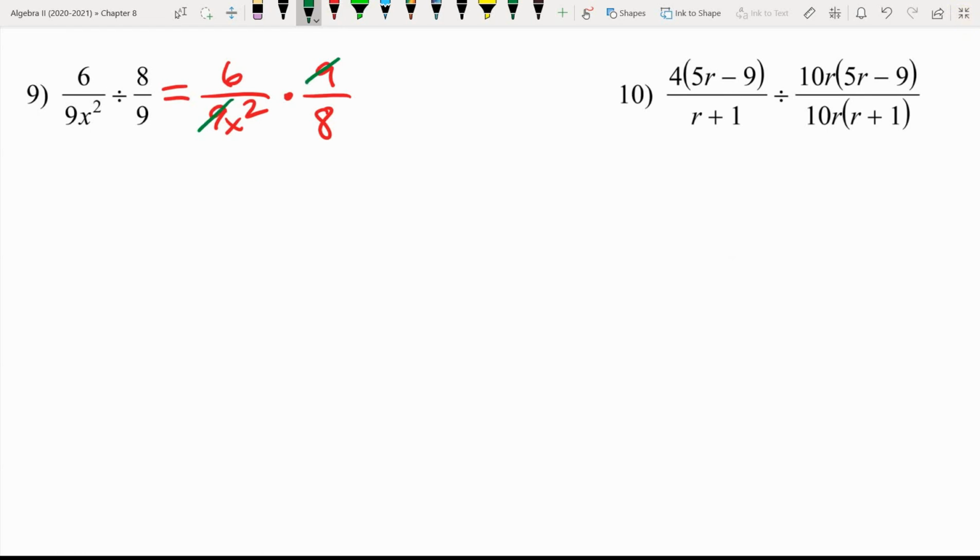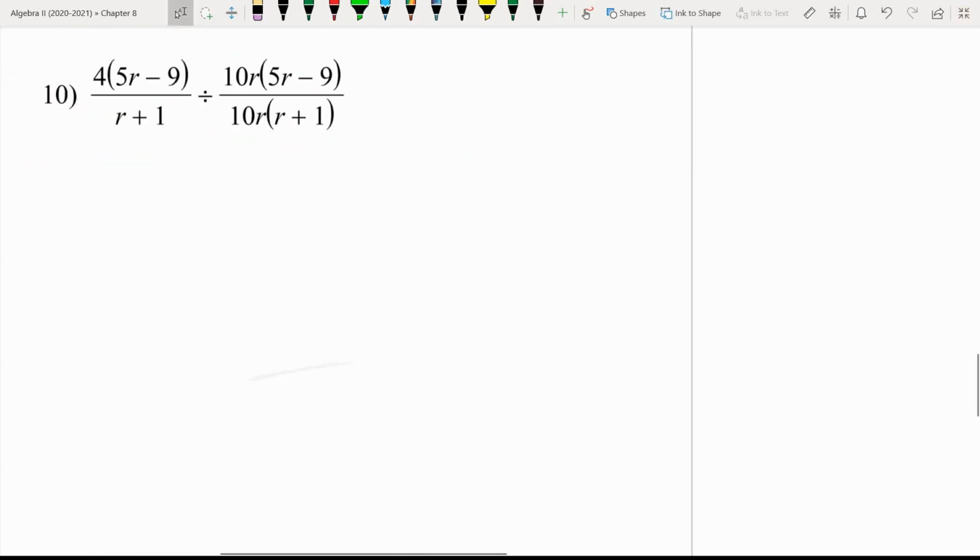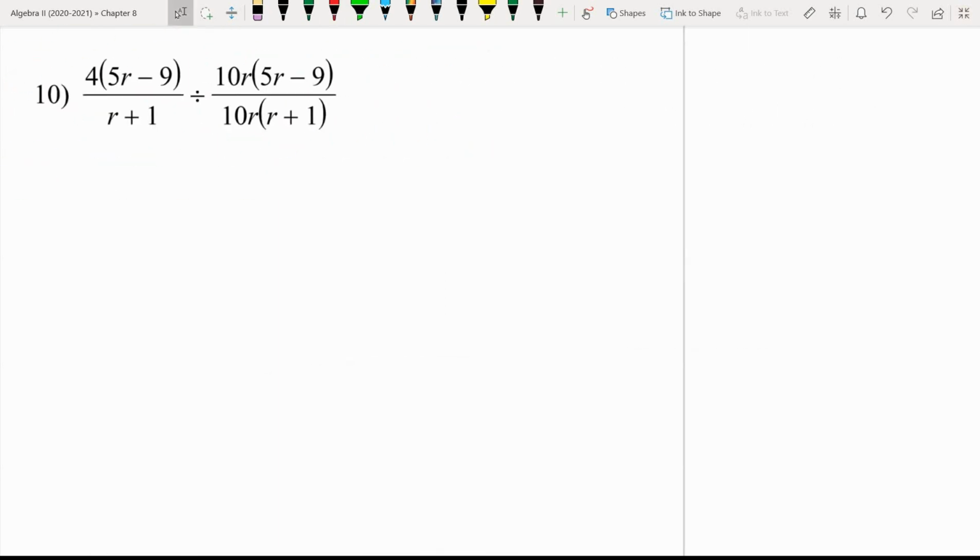There's no other x's, so that x squared is going to stay for sure down there, but I can reduce the 6 and the 8, both divisible by 2, so this would be 3, this would be 4. So I've got a 3 left on top, 4 left on the bottom. So multiply everything through, only the 3 on the top, only the 4 and the x squared left on the bottom. And that's it.